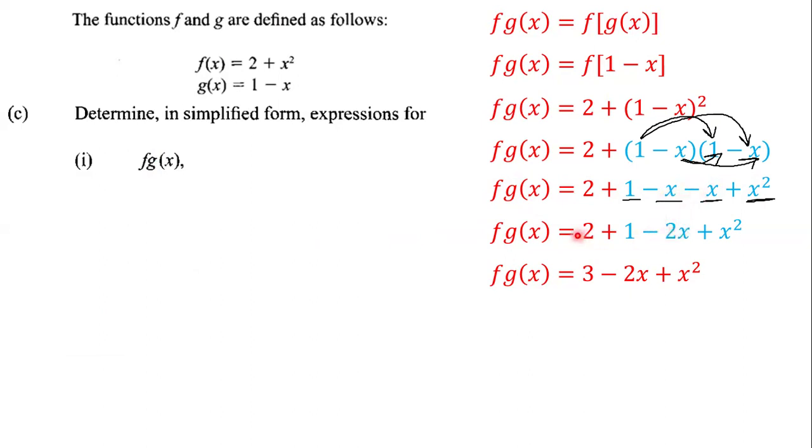And so we have 2 plus 1 minus 2x plus x squared. We know that 2 plus 1 is 3. So we have that f of g of x is equal to 3 minus 2x plus x squared. And this is our final answer because we cannot simplify this expression any further.